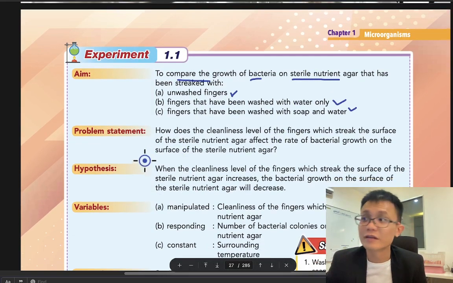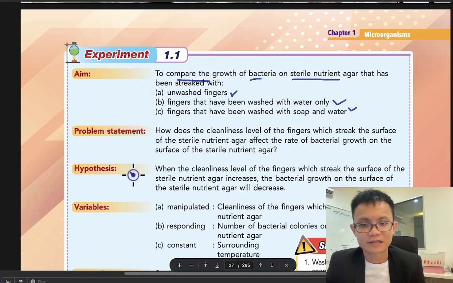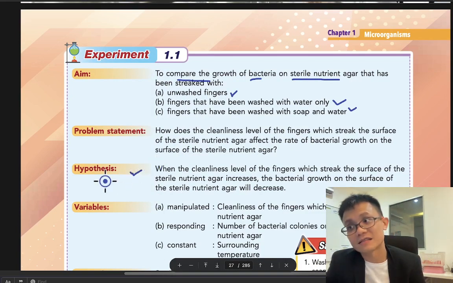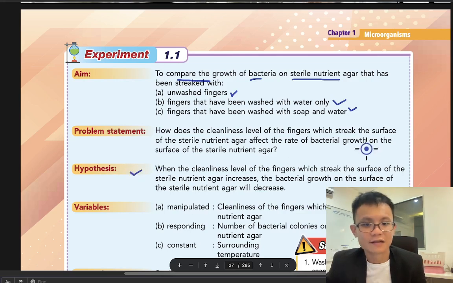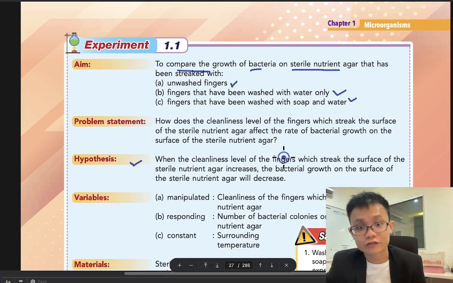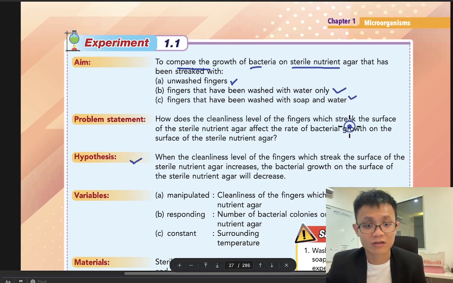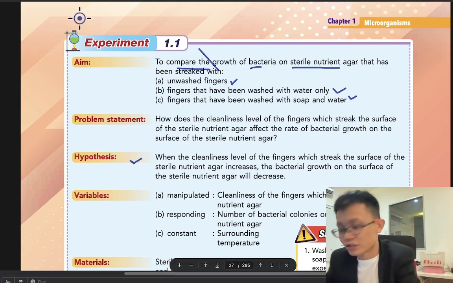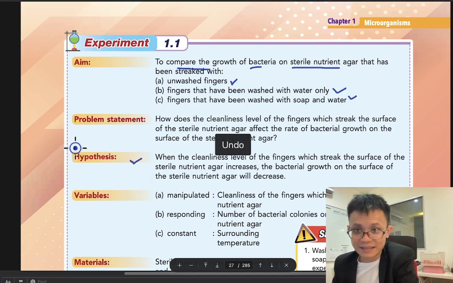Okay, so in order to do the experiment, first we need to have a hypothesis. So what do you think? I asked the student, what do you think? The student says, if I use soap, I think the bacteria is less compared to the water that I do not use soap. So it's a relationship. Usually it's a relationship.